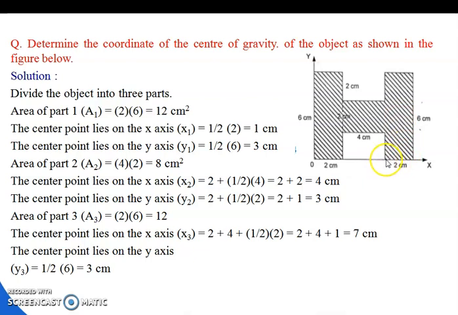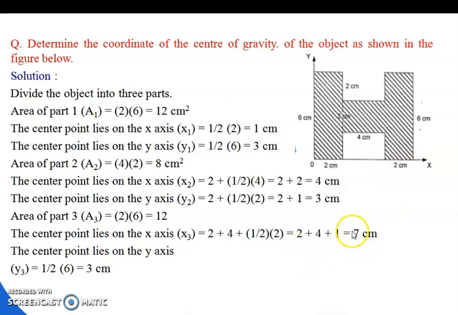So first of all, half of the width, that means half into 2 cm, plus this distance. What is the value of this distance? Here 2 cm and here 4 cm. So 2 plus 4 plus half of the 2.